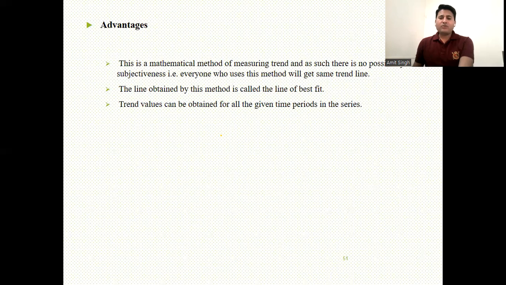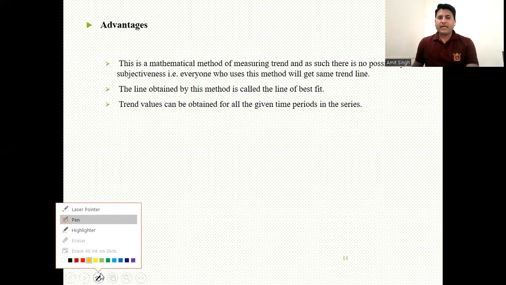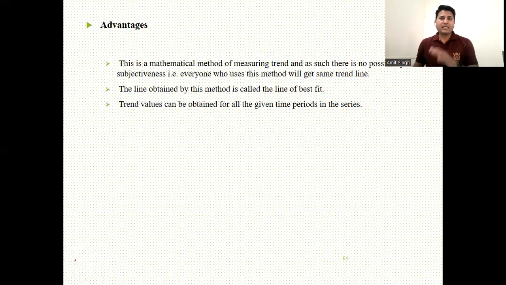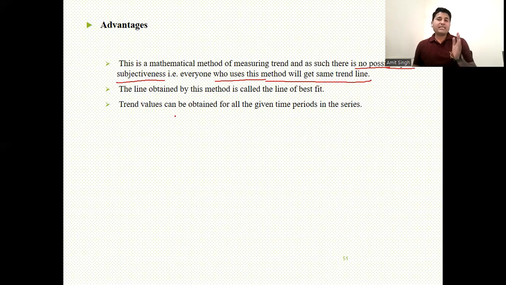Now there are some advantages as well as disadvantages of this method. As we know, every method has some pros and some cons, or we can say advantages and disadvantages. The first one is: this is a mathematical method of measuring the trend line, so there is no possibility of subjectiveness. That is, everyone who uses this method will get the same trend line.